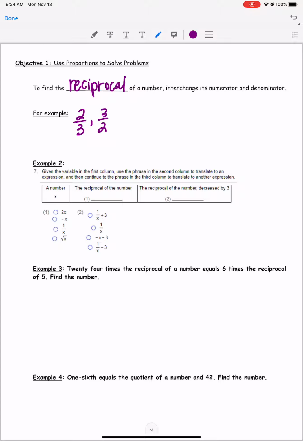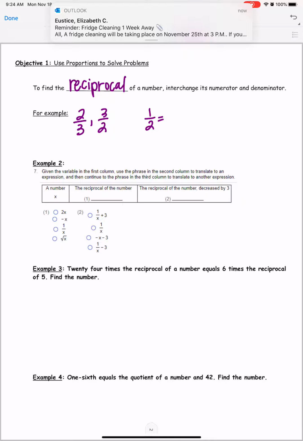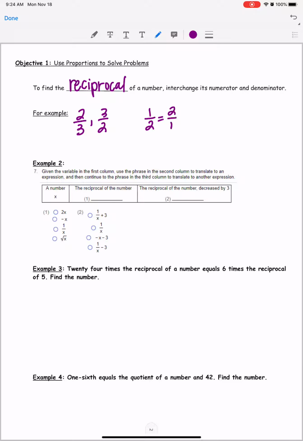The reciprocal to 1 over 2 would be 2 over 1, which is the same as just 2.